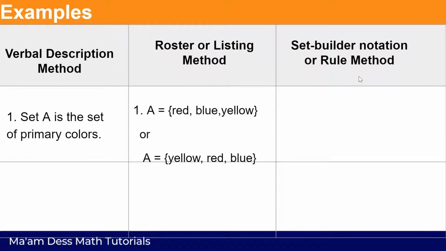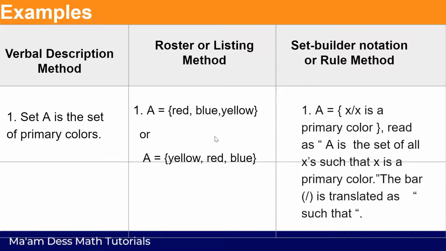So what about in set builder notation? Okay, so it reads as A is the set. So ayan po, nakita natin big letter A or capital letter. A is the set of all x such that x is a primary color.